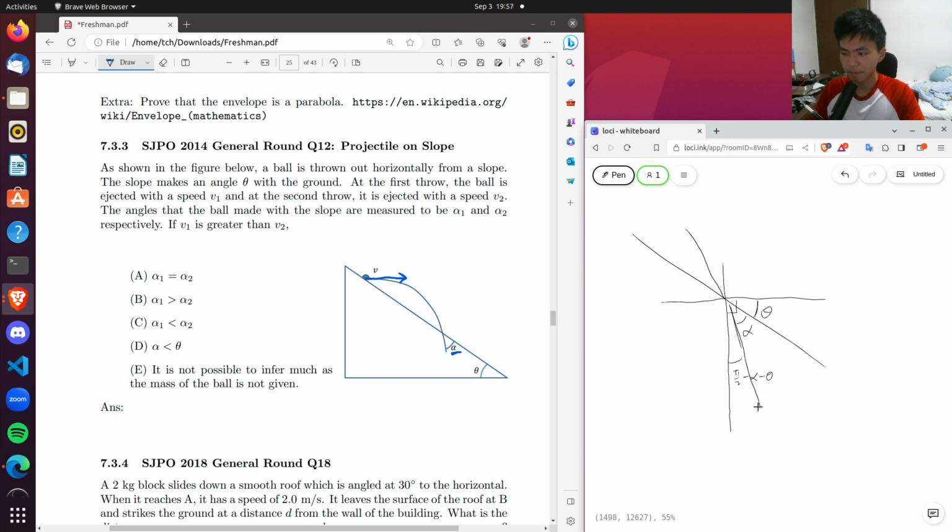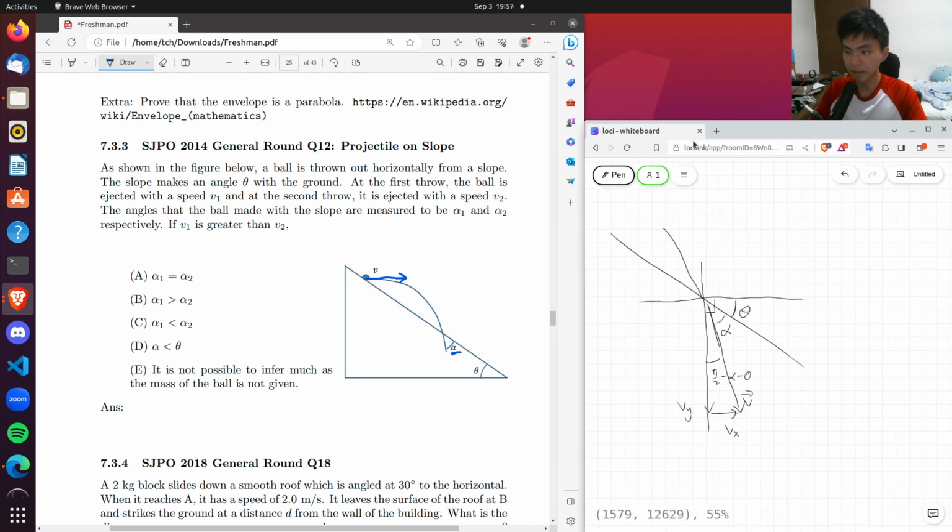So if the velocity is this arrow over here, then taking the horizontal component vx and the vertical component vy of this velocity v would help us determine the angle alpha by the following relation. The tangent of this angle is the opposite over the adjacent, so it equals vx over vy.